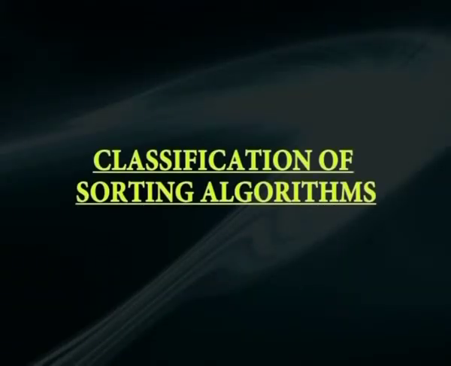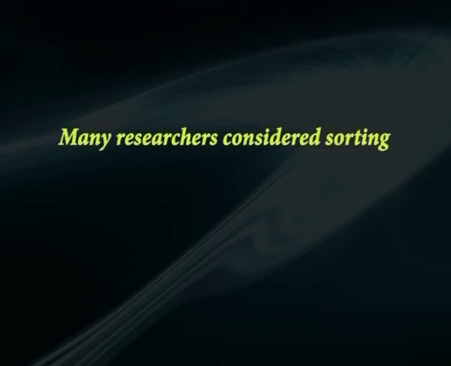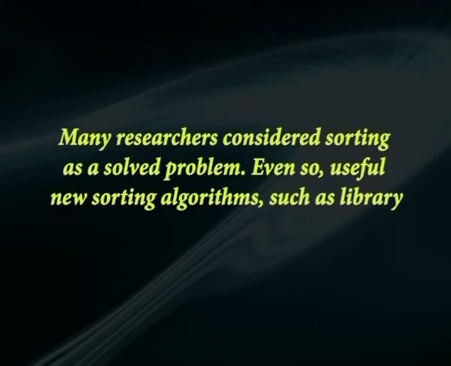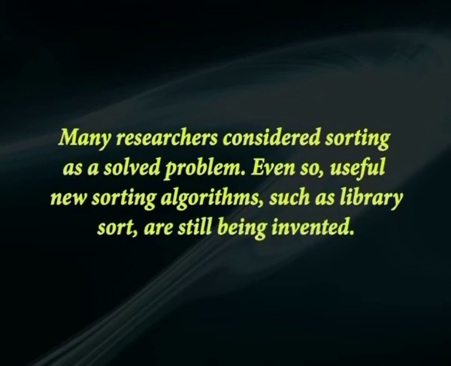Classification of sorting algorithms. Since the early beginning of computing, the sorting problem has attracted many researchers, perhaps due to the complexity of solving it efficiently. Many researchers considered sorting as a solved problem. Even so, useful new sorting algorithms such as library sort are still being invented.